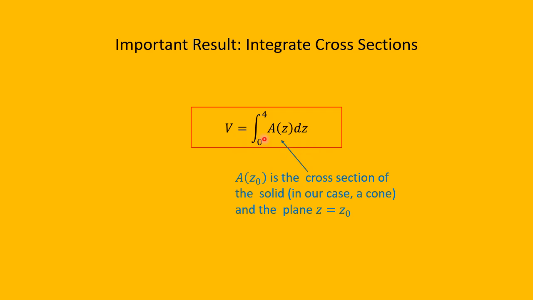This type of formula we can use to find volumes of other types of solids too. Chop up the solid into lots of pieces by intersecting it with planes, and then integrate the cross sections to get the volume.